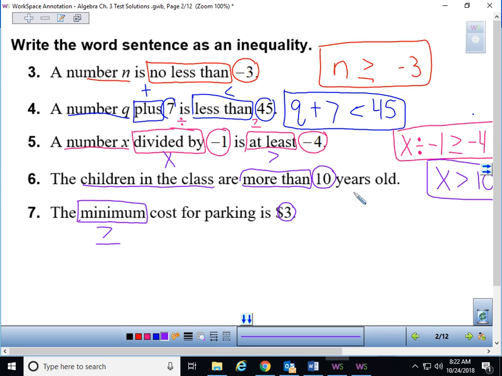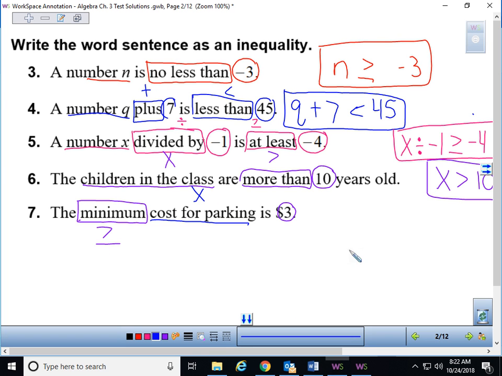Well, again, it's the same kind of idea as 6. We don't know what our variable is. It didn't give us that information, so we have to come up with one ourselves. Well, in this sentence, I don't know what the cost of parking is. So right here, this phrase, cost of parking, I don't know what that is. So this is actually representing our variable. And again, x is my favorite, so I'm just going to do x.